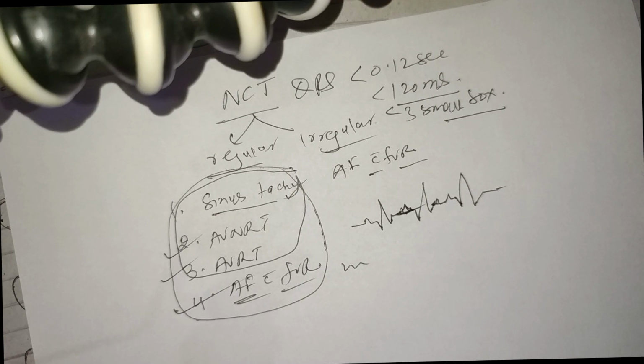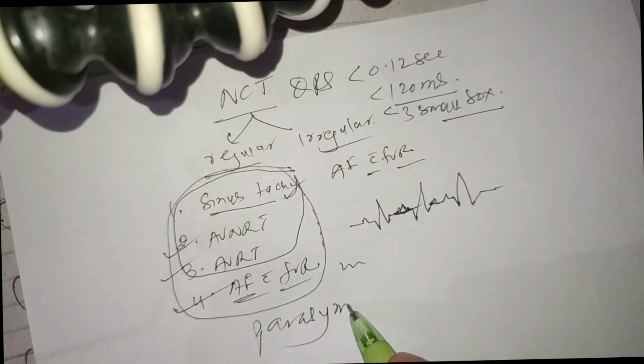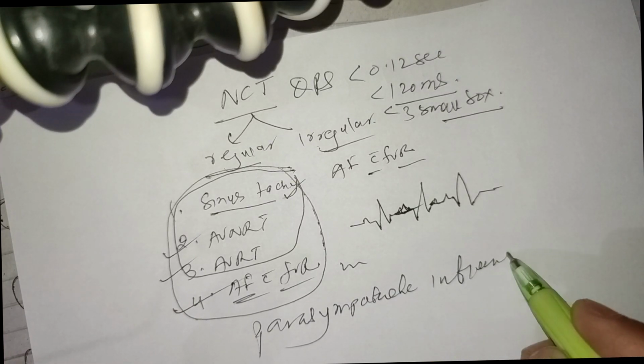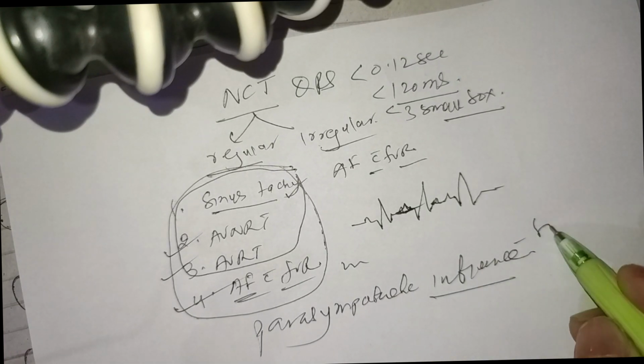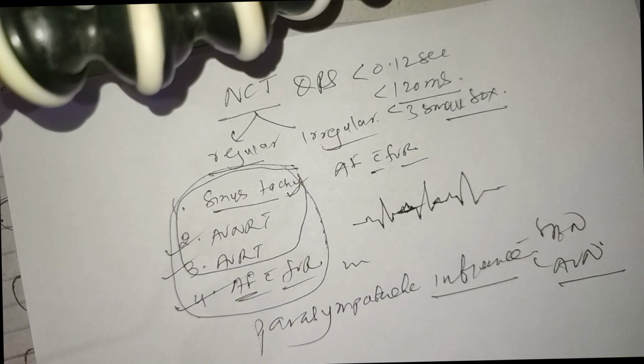And the parasympathetic influence is on both sinoatrial node and atrioventricular node, right?